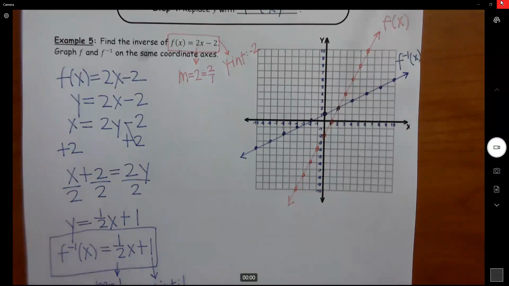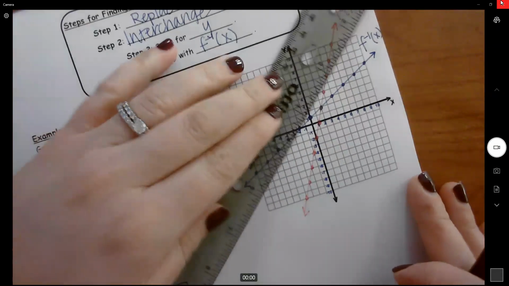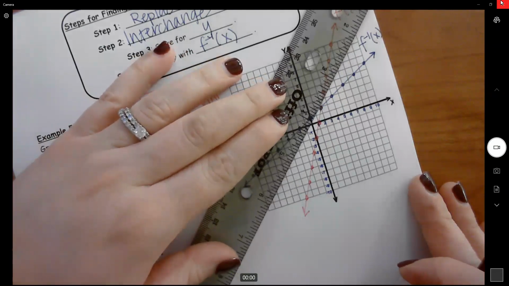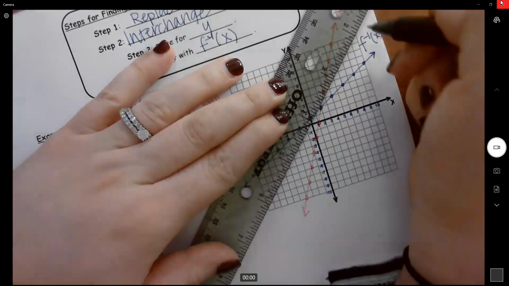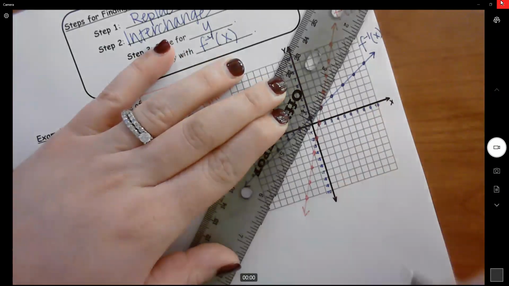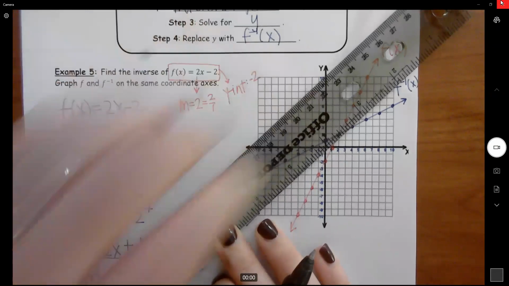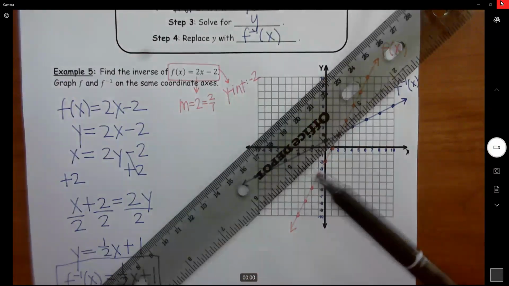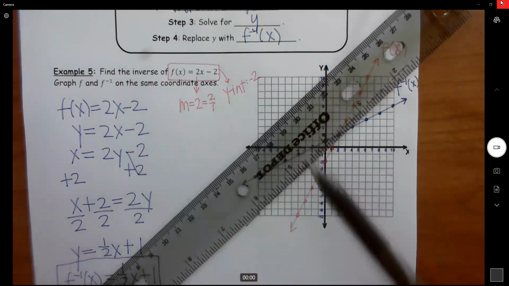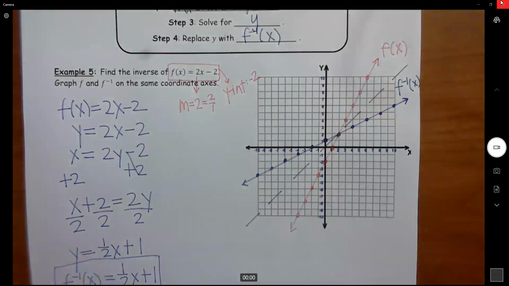If you want to see how they are reflecting across the y equals x line, you can draw that in. And you can even see really nicely with that ruler here that it mirrors the top and the bottom of this perfectly.